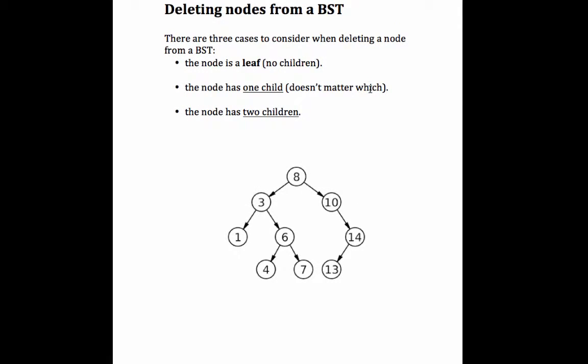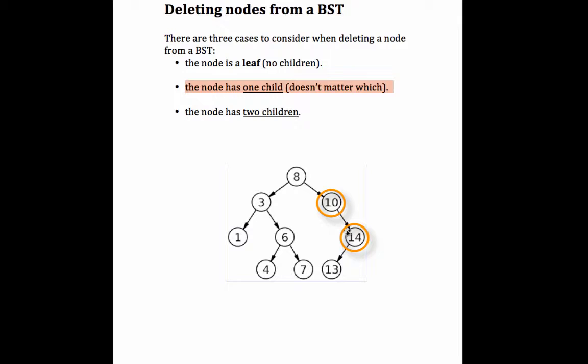So the second case will be to delete a node that has exactly 1 child. And it doesn't matter whether it's the left child or the right child. As long as it's only 1, this is what matters. So again, looking at this tree, 14 has only 1 child that happens to be a left child. 10 has 1 child that happens to be the right child.